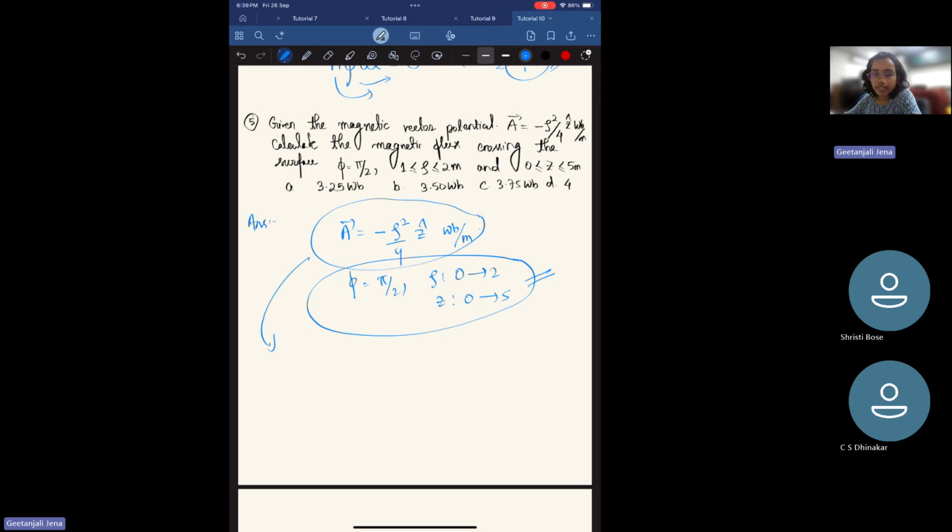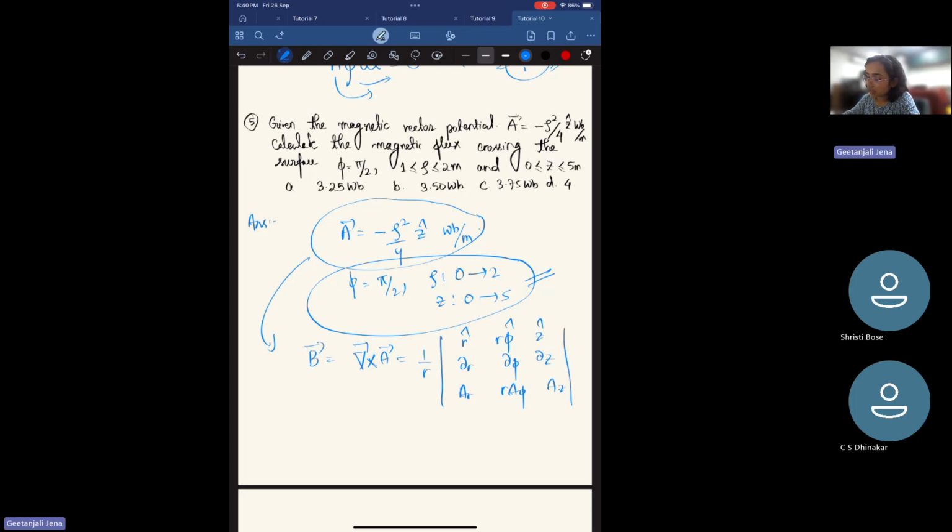Because A is already given, you can calculate B. B is nothing but curl of A. And this is a cylindrical coordinate, so take the curl expression for cylindrical coordinates, which is 1 by rho, with rho cap, phi cap, z cap, dou rho, dou phi, dou z, A rho, rho A phi, and A z.